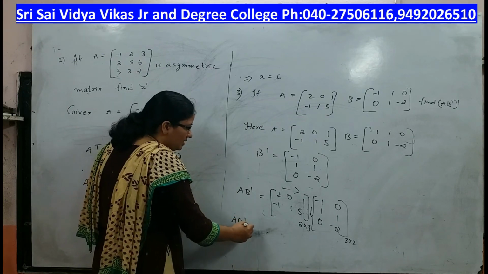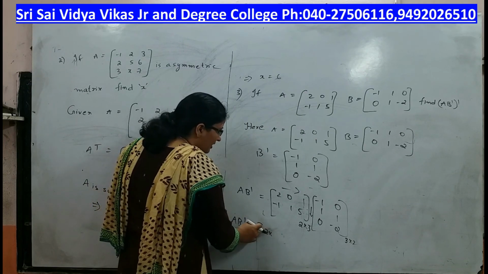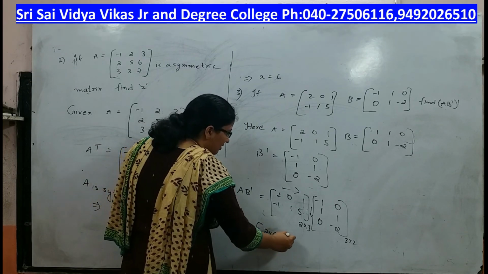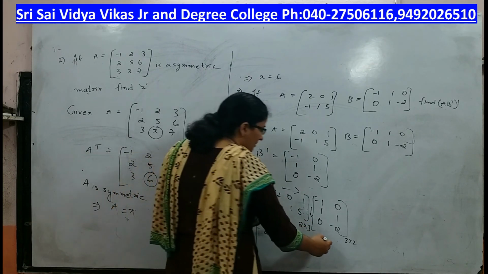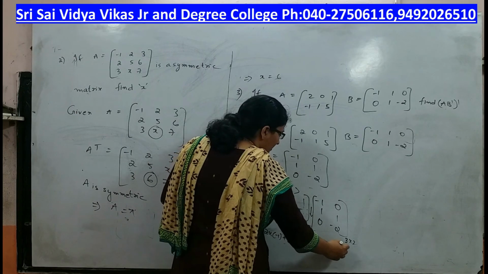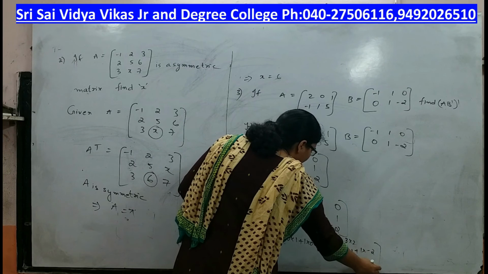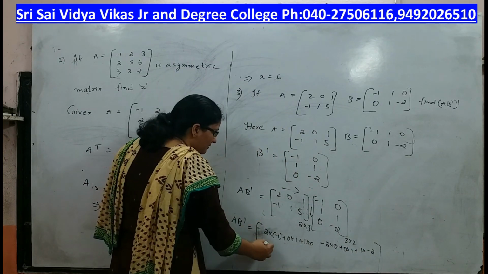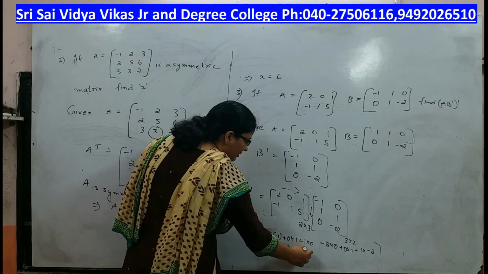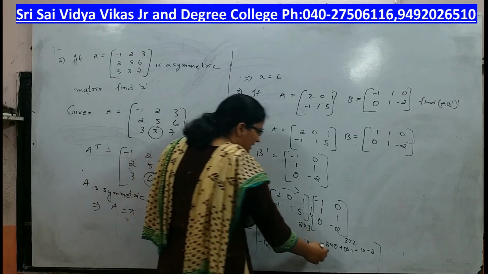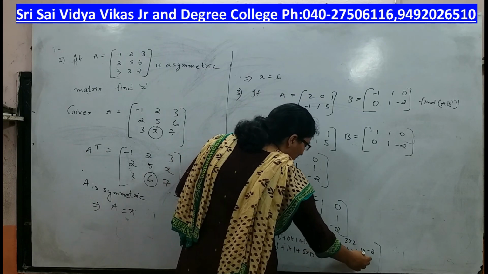A B transpose is equal to: 2 into minus 1 plus 0 into 1 plus 1 into 0; 2 into 0 plus 0 into 1 plus 1 into minus 2; minus 1 into minus 1 plus 1 into 1 plus 5 into 0; minus 1 into 0 plus 1 into 1 plus 5 into minus 2.